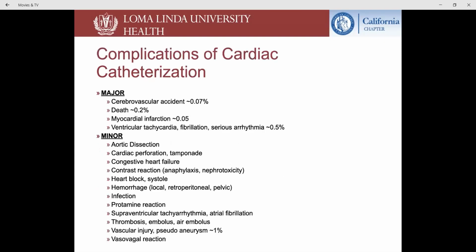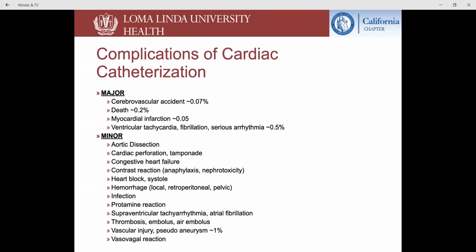For diagnostic catheterization, an analysis of the complications in more than 200,000 patients indicated the incidence of risks, and that included approximately 0.2% risk of death, 0.05% risk of MI, 0.07% risk of stroke, 0.5% risk of ventricular tachycardia, fibrillation, or serious arrhythmia, and more commonly, about a 1% risk of vascular injury, pseudoaneurysm.